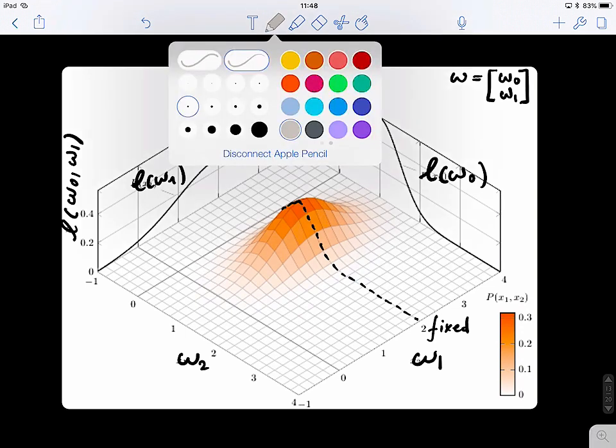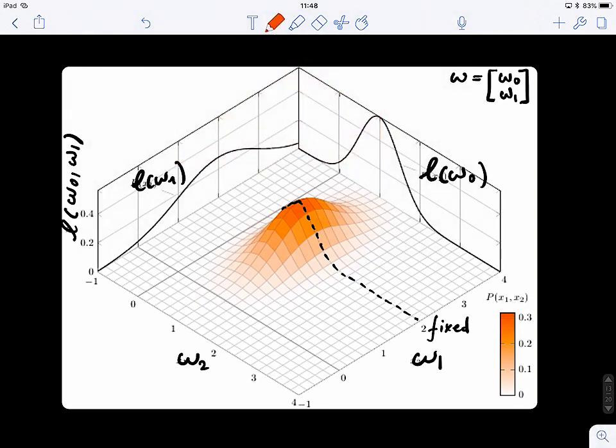But here, what do we have? We have two directions. For example, if we fix W1, it's a two-dimensional loss function, and the first dimension is W0, and we have W1, so I should change those.